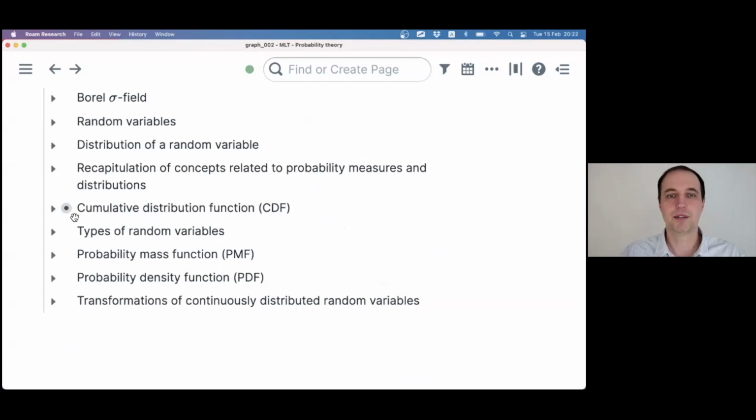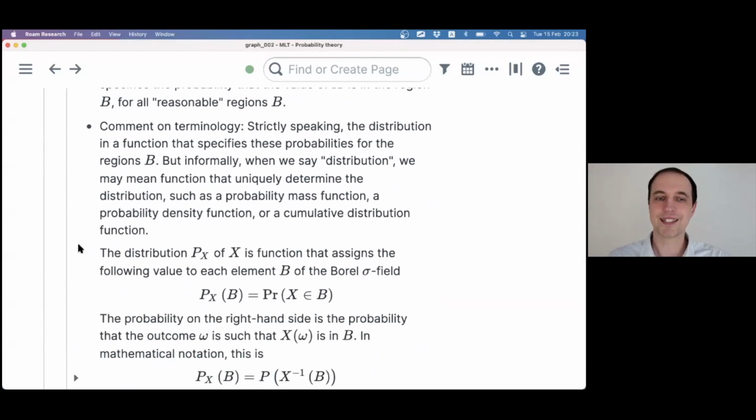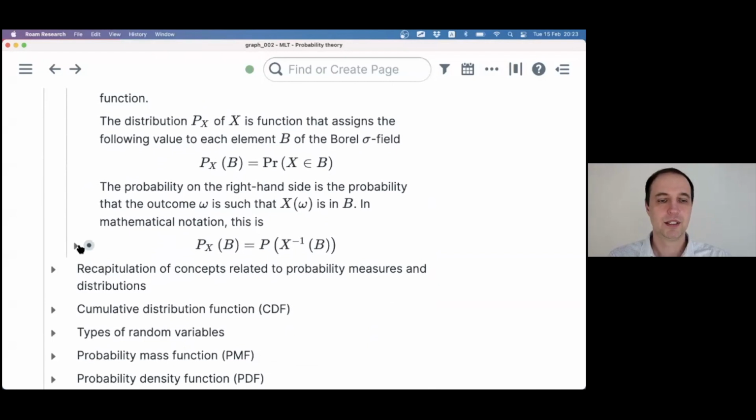And we talked about distributions of random variables. So what is a distribution of a random variable? A distribution of a random variable is this P_X in the case of random variable X. And it's basically the assignment of the probability to different regions to which the random variable X may belong. So for us, the random variable X would take as functional values individual real numbers.